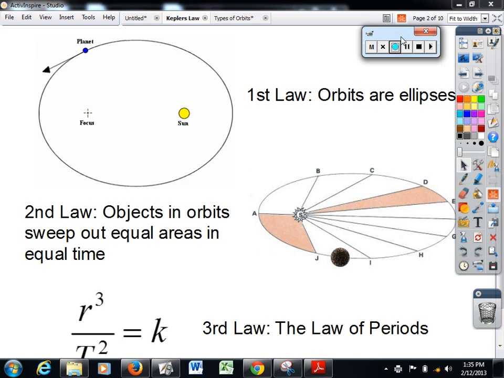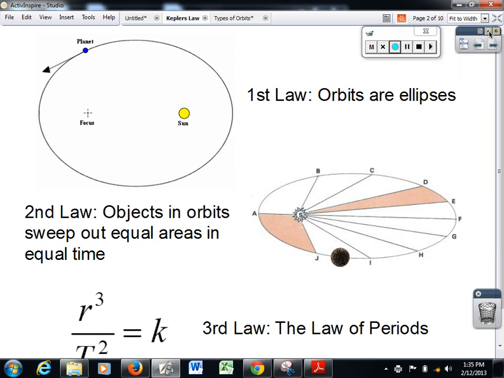So his first law says that all orbits are ellipses where the sun is one focus of an ellipse and the planet goes around the circumference of the ellipse.